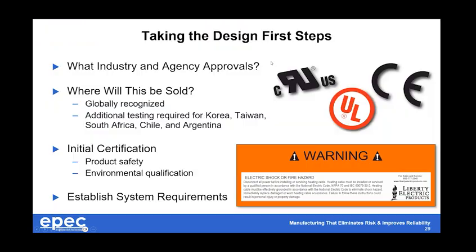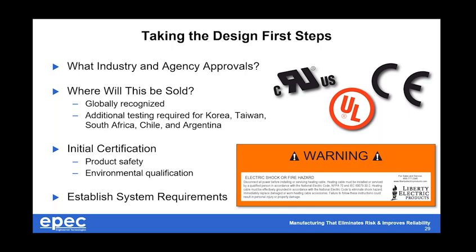Next, we'll talk about some options about what to do to get started with your custom build. So before getting too far into any cable design project, we want to work with you and understand what the industry that you're targeting is, and if there's any approvals that are needed to bring this to market. It's also important to note wherever this is sold may drive what UL and what testing is required in terms of an initial certification.